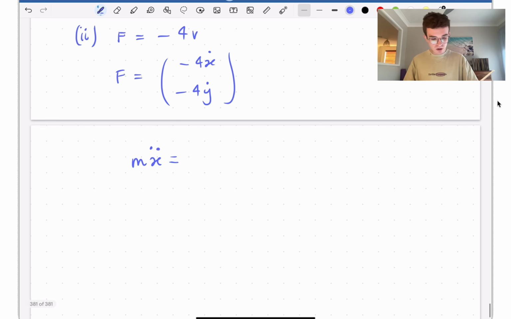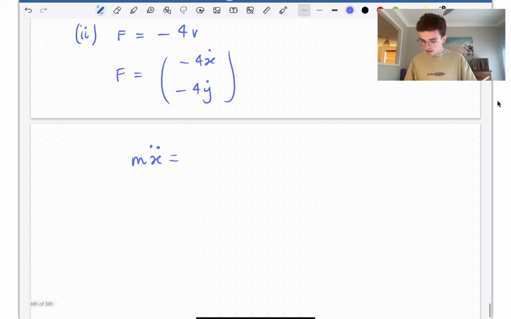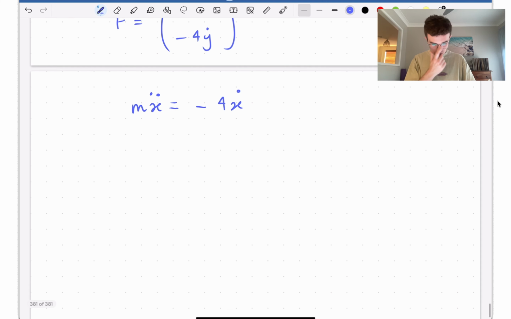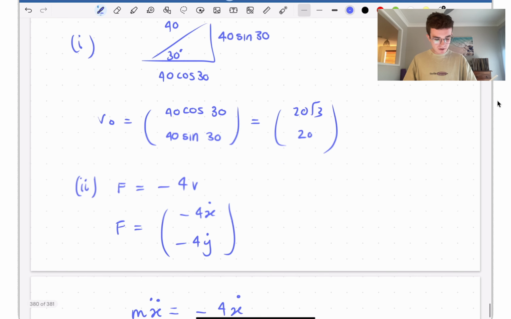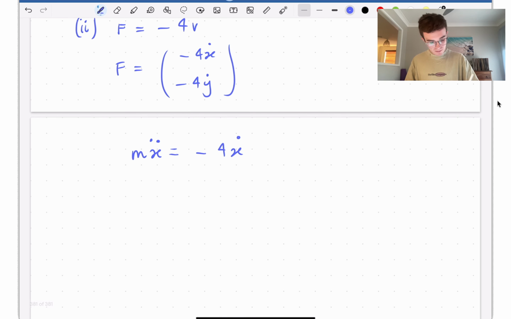So mx double dot in this instance is going to equal minus 4x dot. And we want to have a go at solving this. Now we're told that the mass is 1. So we're not going to have to divide by m, thank God, because it's just 1. So 1 times that is minus 4x dot.